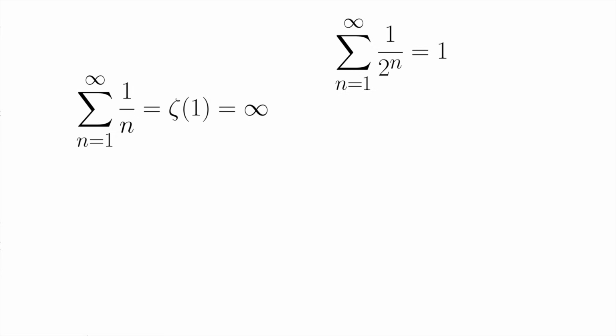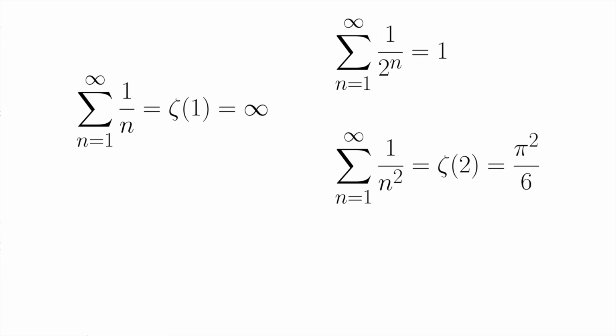Since 1 is much smaller than infinity, one way you can think about this is as saying that, at least asymptotically, there's fewer powers of 2 than there are integers. Of course, the Basel problem that we've talked about is the sum of 1 over the squares. That has value zeta of 2, which we decided was pi squared over 6. Again, this value is finite instead of infinite, which is suggesting that in some sense there's fundamentally fewer squares than there are positive integers.